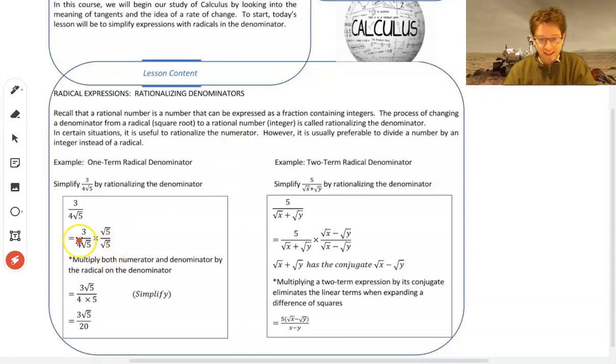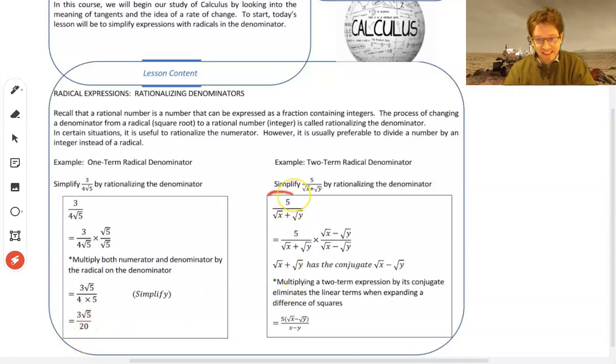So when we do that, on the numerator, we just get 3 root 5. And then on the denominator, root 5 times root 5 is, well, root 5 squared, which is just 5. So we're left with 4 times 5, which is 20. So this is the exact same expression as this, but you can see we've essentially moved the square root to the numerator.